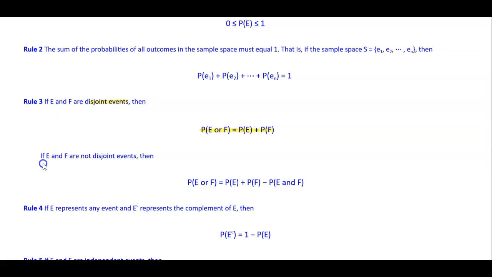Now, if events E and F are not disjoint, meaning that they have something in common, then we have to use this formula: the probability of E or F is equal to the probability of event E plus the probability of event F minus what they have in common, hence the word "and" here.